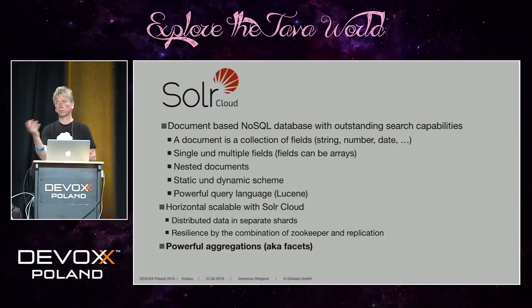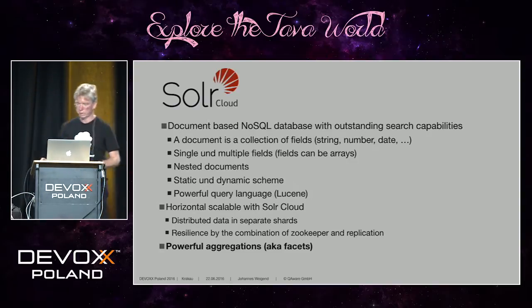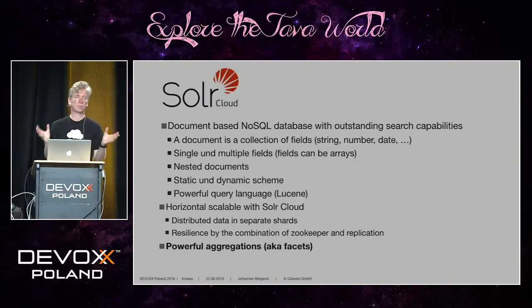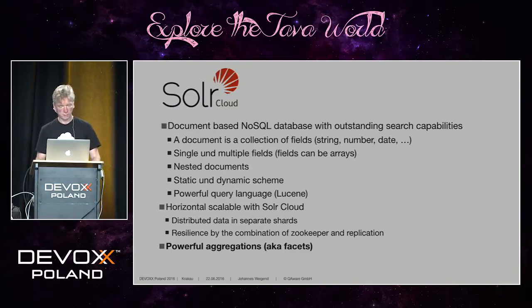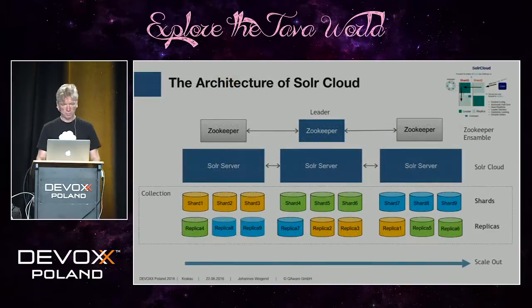Most people know facets from web applications, where you can see the products and the count, how many products are available of this type. Those are typical count aggregations, but Solr can do much more, like statistical aggregations: average, minimum, maximum, and so on. Okay, and it's stable.